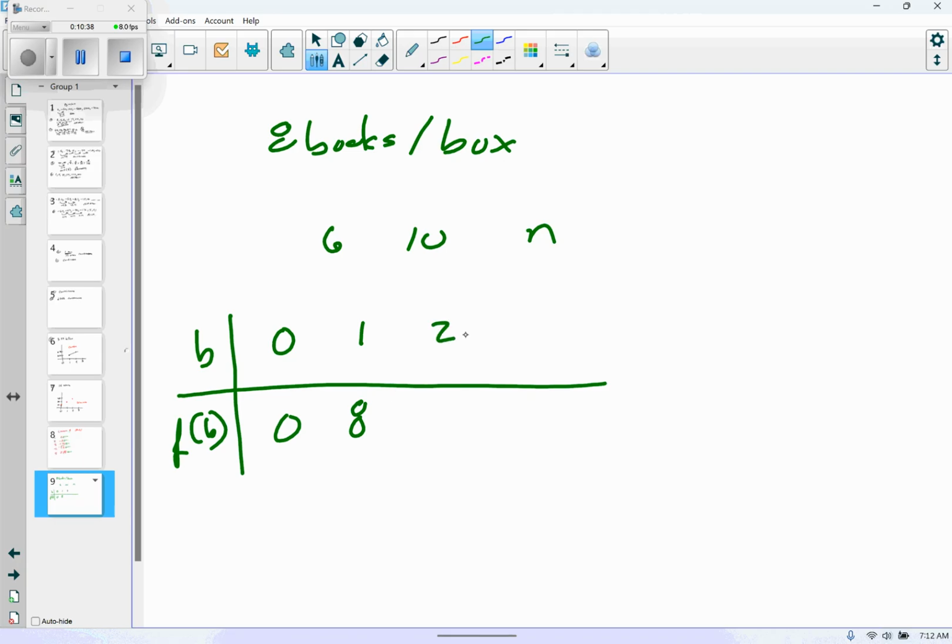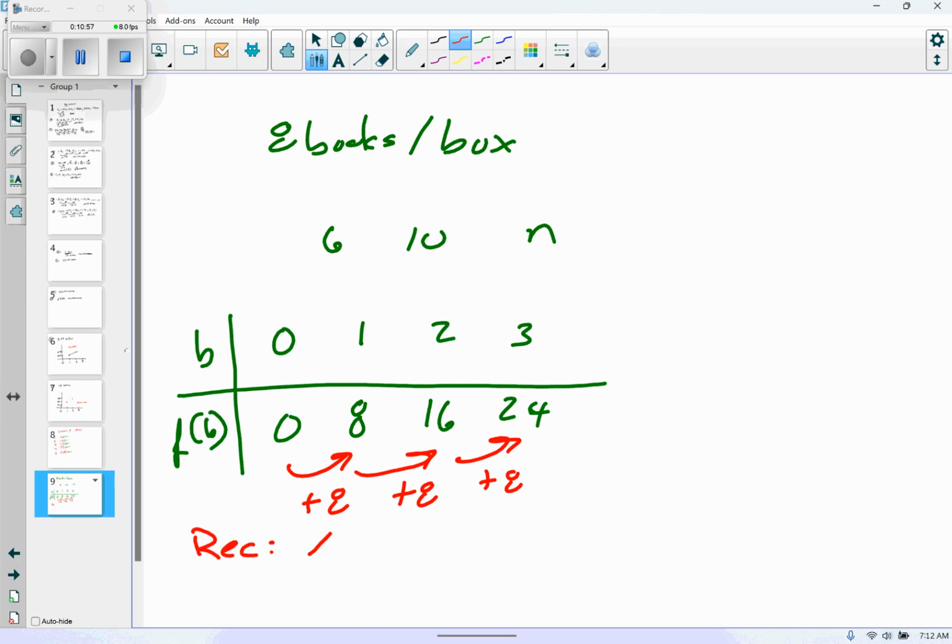Or if you have 2 boxes, there's going to be 16. On 3 boxes, there's going to be 24, and so on and so forth. Okay, so each time we're adding 8. So this has got to be arithmetic. So our recursive has got to be next plus 8 or something like that.